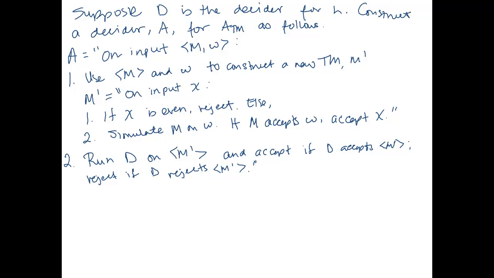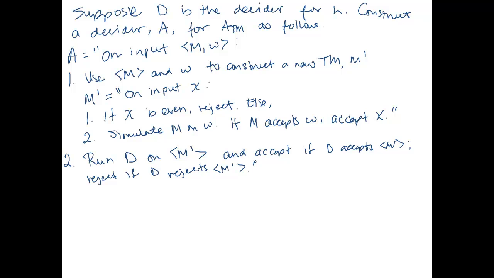So in step 2, we get a yes or no answer from D, and we give the same answer. So we are guaranteed to halt on every input MW, and we know this is a decider.